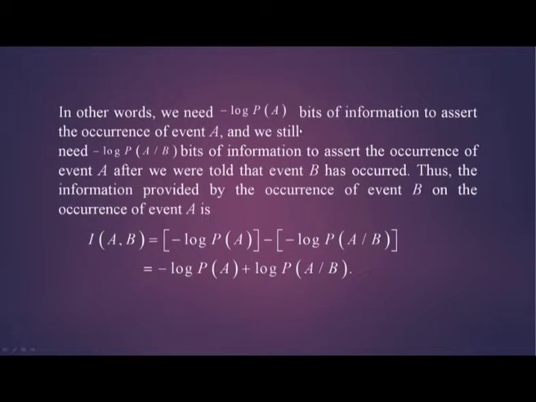Thus, the information provided by the occurrence of event B on the occurrence of event A is I(A,B), that is equal to minus log P(A) minus minus log probability of A given B. So, this is the conditional probability.